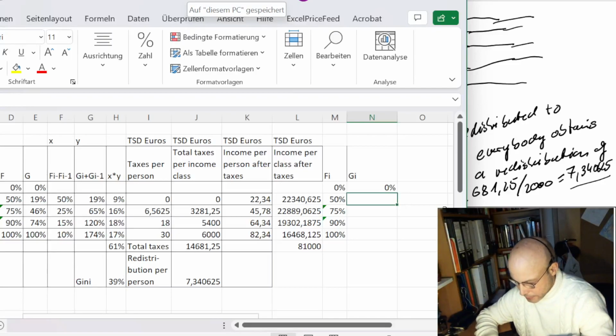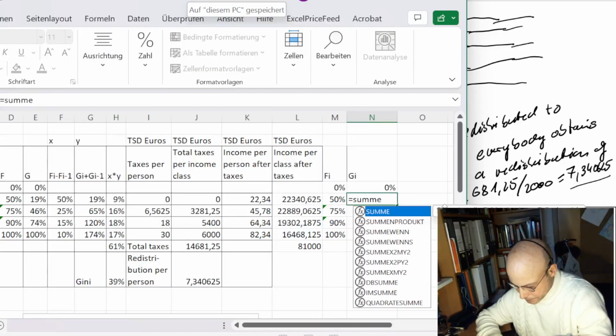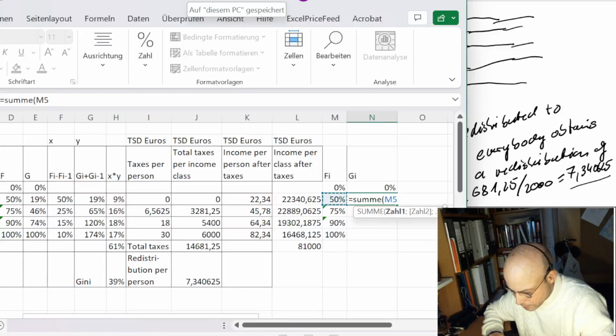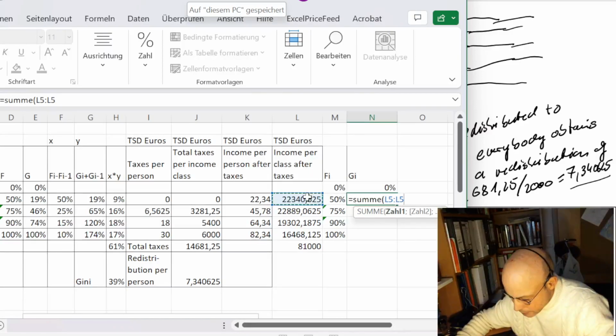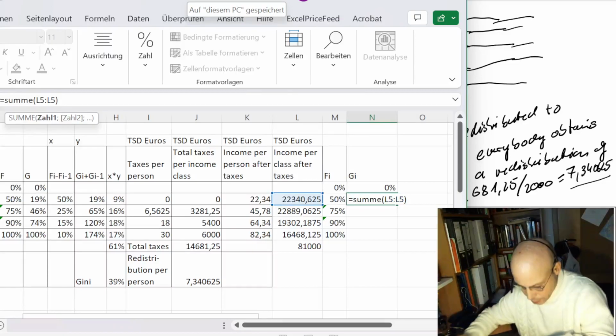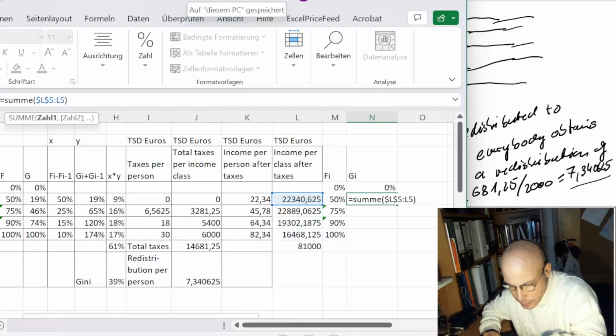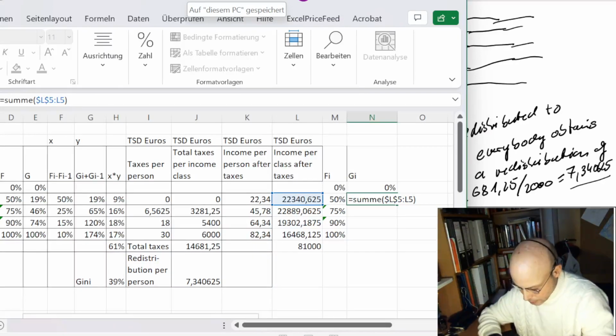And then we have to take the sum, starting with the first class, fixing the number up to the first class. Oh, dollar signs vanished. And divided by total income.